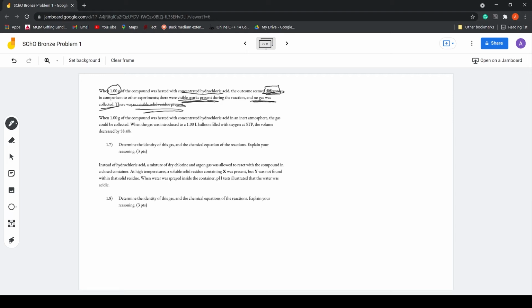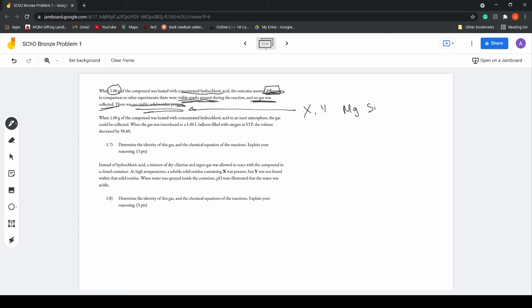Let's look through this. No visible solid residue. What did we say was the solid residue when we looked at the first 2 experiments? The solid residue was either X or Y, right? Or now that we know the elements, either Mg or silicon. What does it mean when there's no visible solid residue? That means that both of these reacted, not just one, right?